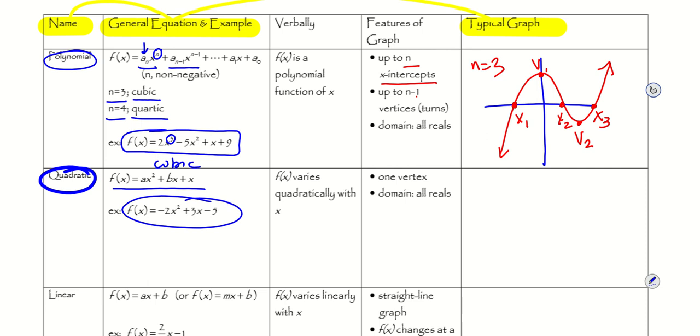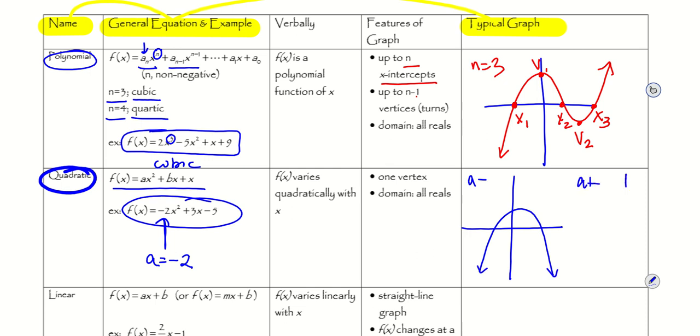So one thing you'll notice from this example is our a value, our coefficient of x squared, is negative. It's negative 2. If a is negative, then the graph of a quadratic will be an upside down parabola. If a is positive, the graph of our parabola would be right side up.